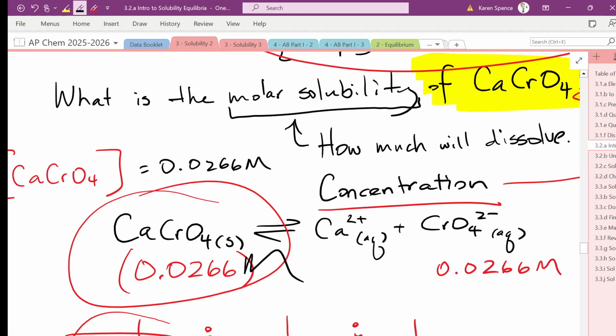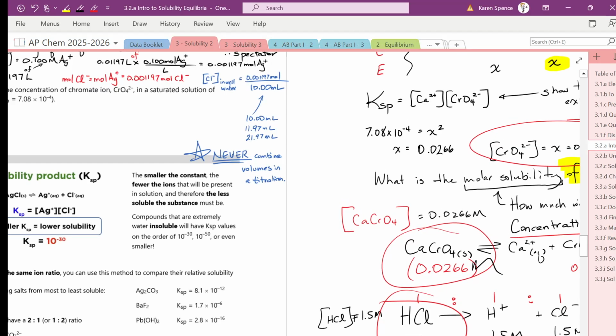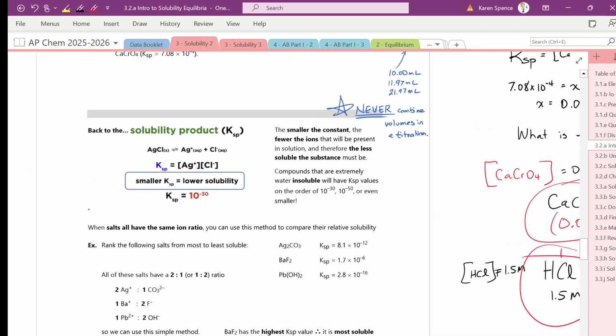But that assumes that you're a chemist and you know that when I say that, that's how much is dissolved, so that's floating around as ions. You just have to assume that the person you're talking to knows that's what you mean. Are we good? Excellent. Okay.